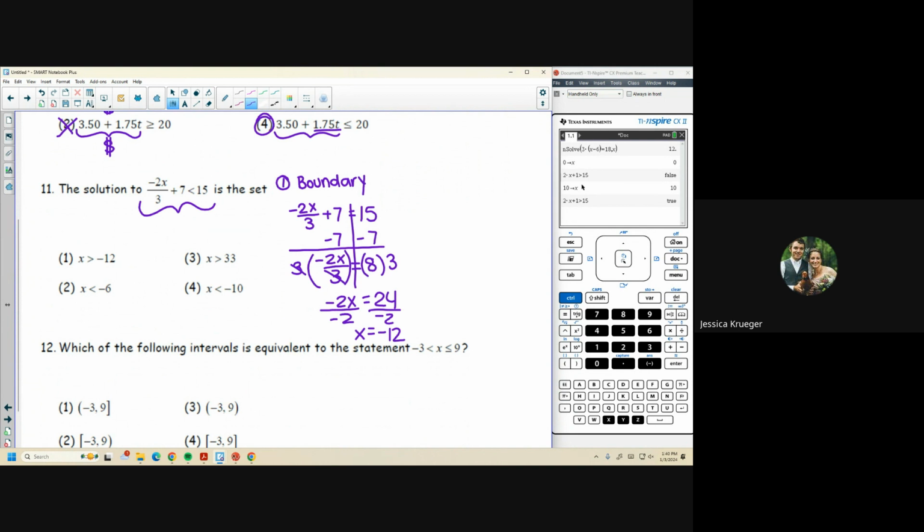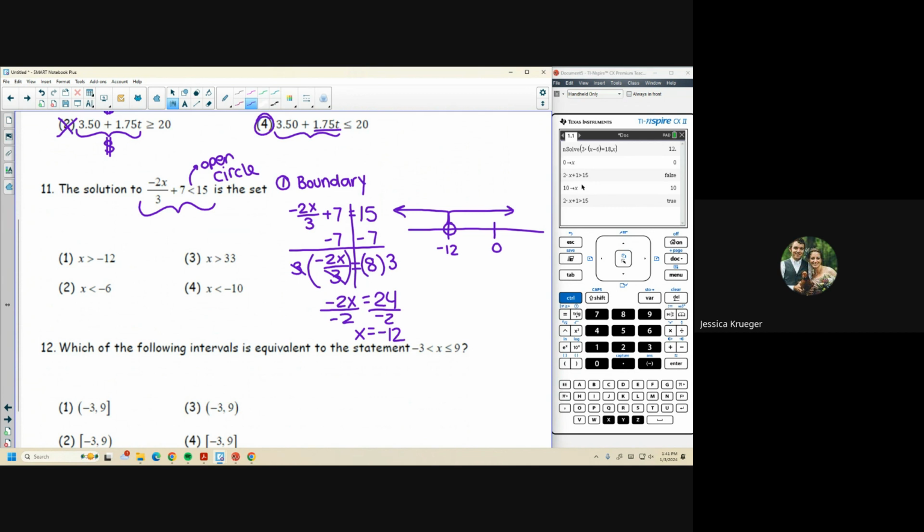Well, this actually becomes very easy because it says the solution is which set? Well, if my boundary is negative 12, and because this inequality does not include an equals, I know it's an open circle. My solution is either going to be everything above negative 12 or everything below negative 12. I need to see where it's true.